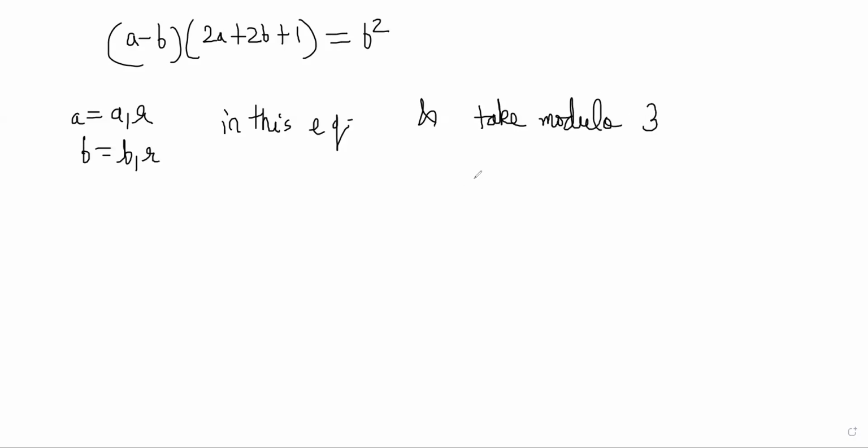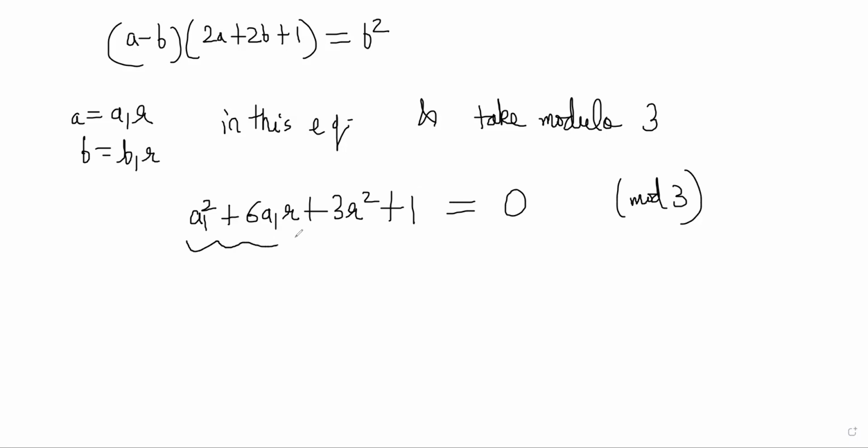What you should get is basically this condition, A1 square plus 6A1R plus 3R square plus 1 is equal to 0 mod 3. This is what you will get if you take all the terms on one side and simplify the terms a little bit, right?